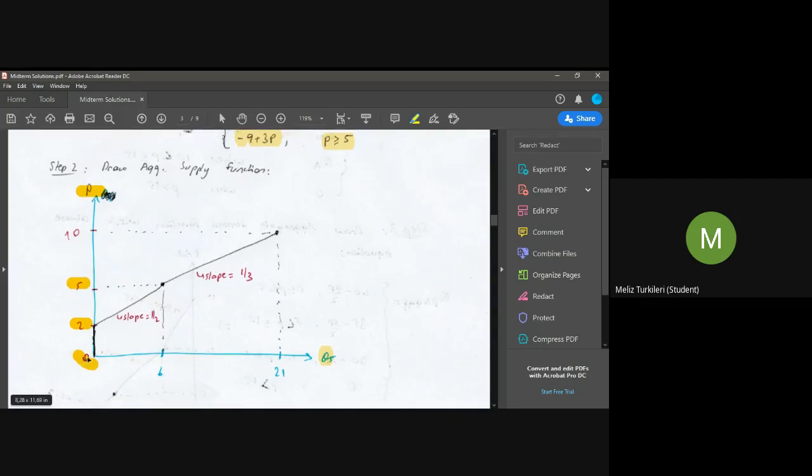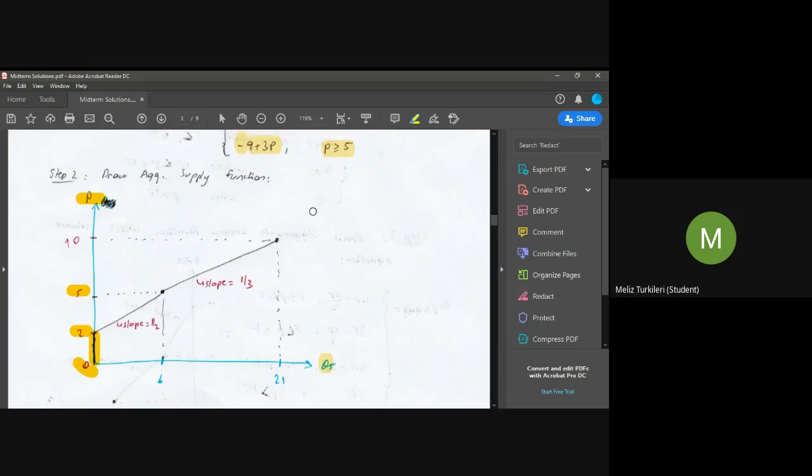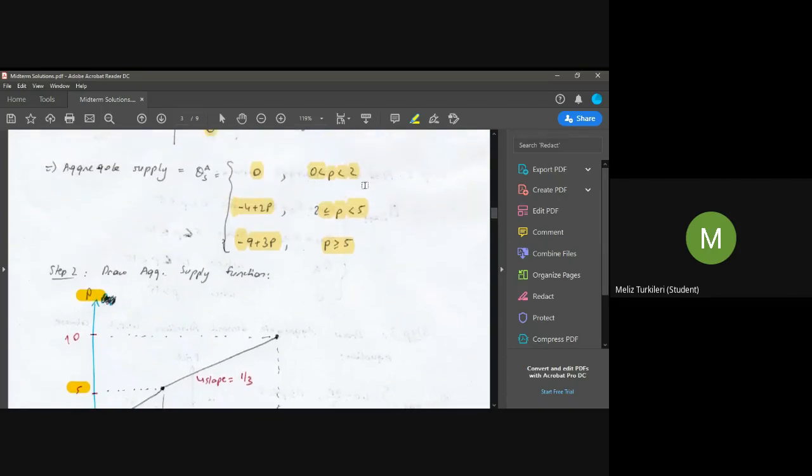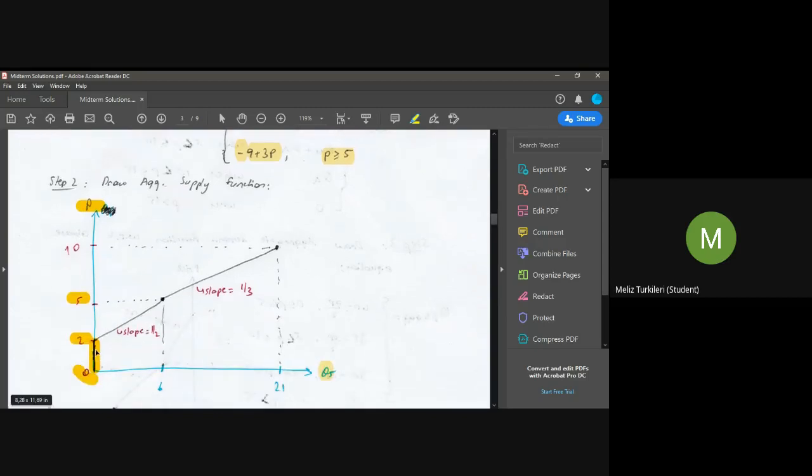Let's start with the price level which is lower than 2. We know that when the price is lower than 2, supply should be 0. I know this information from this part. So as you can see here, our quantity supplied is 0 when the price level is lower than 2. But what happens when the price is equal to 5?